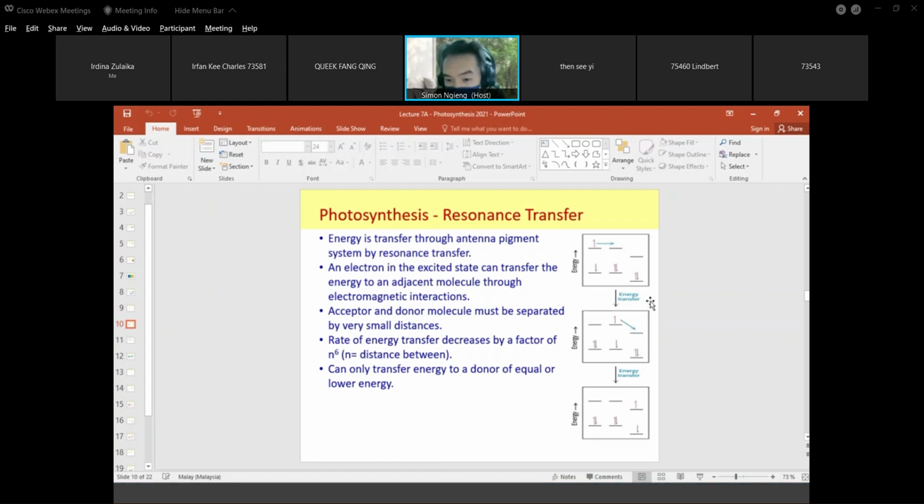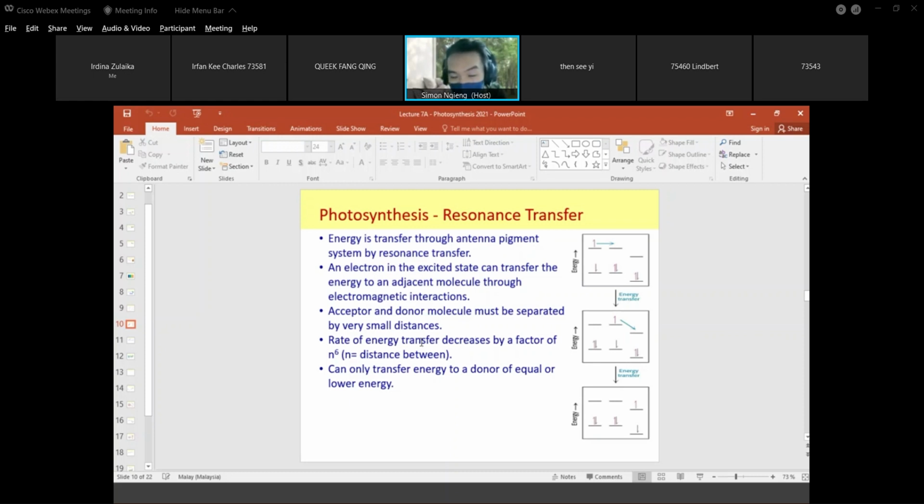It cannot be transferred to anyone that is of higher energy level. No, cannot. In order for energy to be transferred, those molecules need to be arranged as close as possible. If they are very far apart, then the rate of energy transfer decreases.